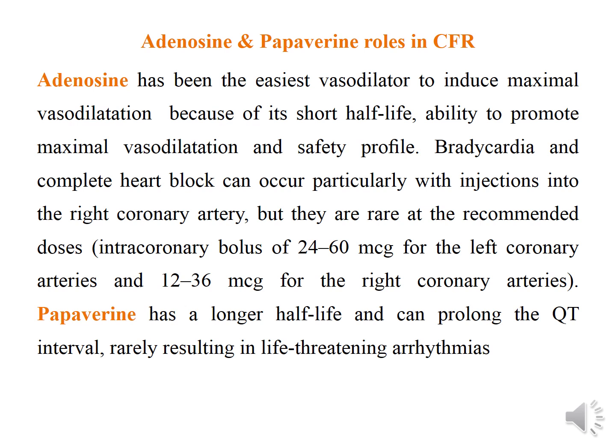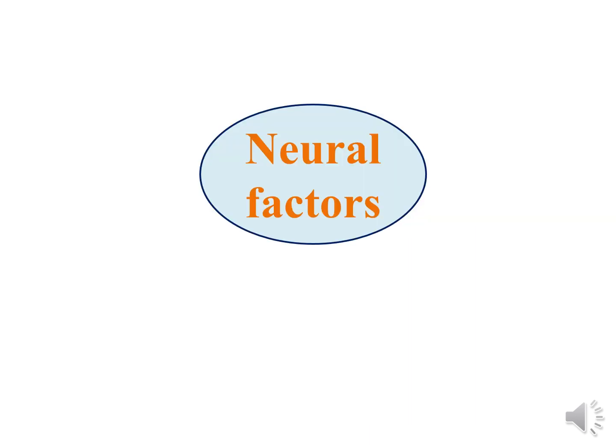Intracoronary bolus of adenosine: 24 to 60 microgram for the left coronary arteries and 12 to 36 microgram for the right coronary arteries. Papaverine has a longer half-life and can prolong the QT interval, rarely resulting in life-threatening arrhythmias.